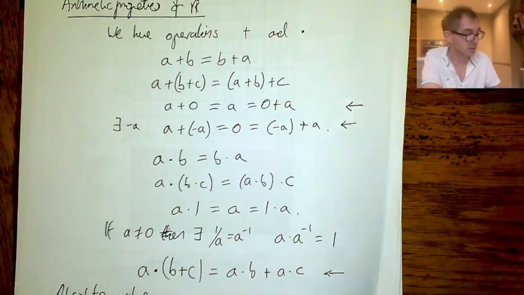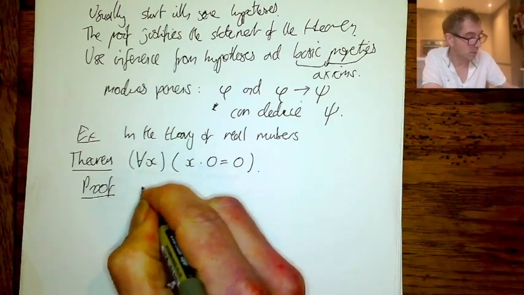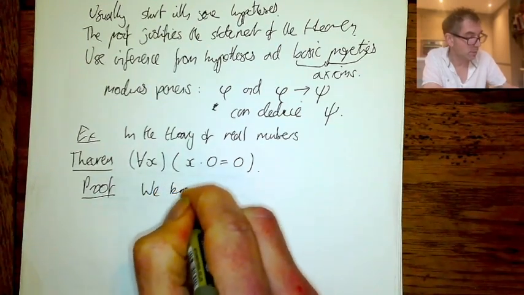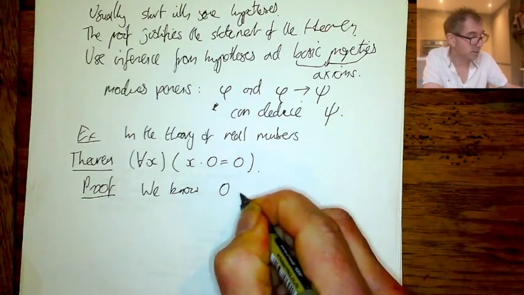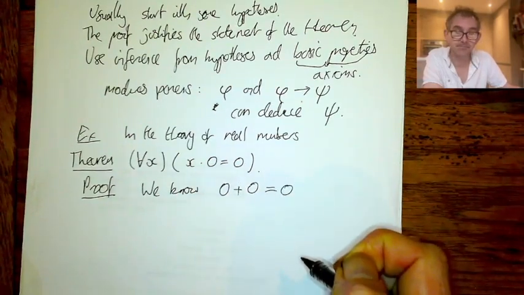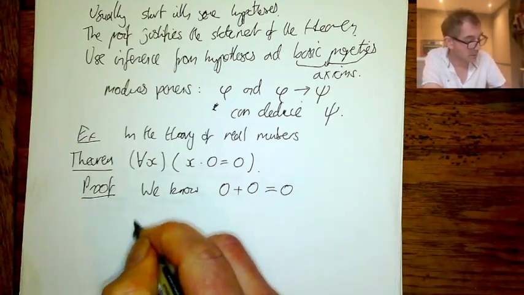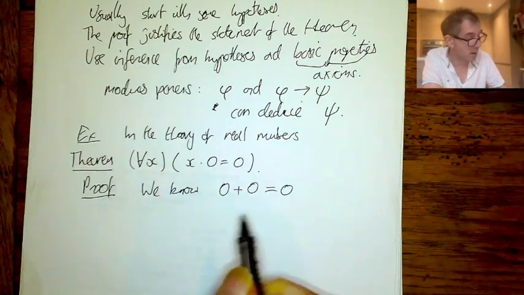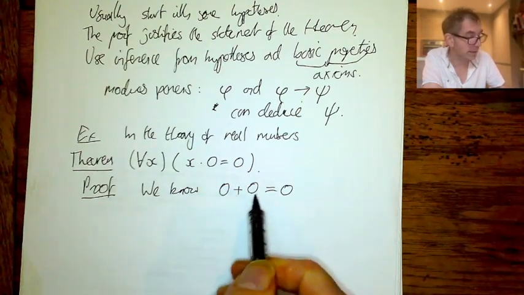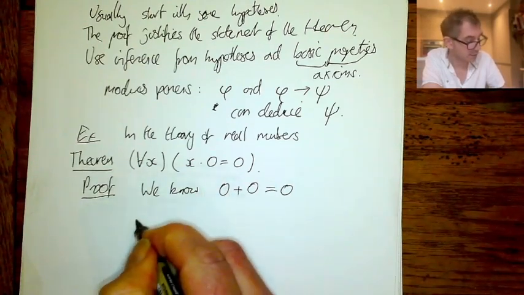Okay, so we know 0 plus 0 equals 0. Good. And we know that whenever we multiply an addition by something, then we can expand the brackets.